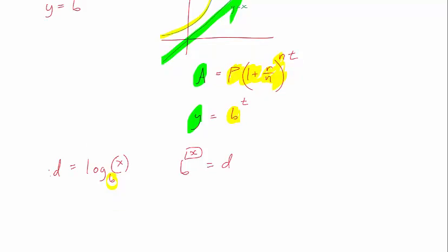If I said log base 2 of 8, what we're saying is, what exponent do I have to put on the 2 to get to 8? Right, 2 cubed is 8. So the answer to this question is, what exponent do I have to put on this 2 to get this number here? Well, clearly, it's got to be 3.